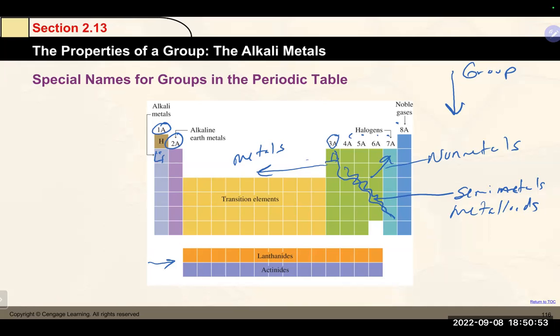Now, some groups have special names. The first group, group 1, is the alkali metals, which again starts with lithium, not hydrogen. That is because hydrogen is what type of element? Is it a metal, a nonmetal? If you're not sure, let me tell you, hydrogen is a nonmetal, even though it's hanging out over there with all the metals.